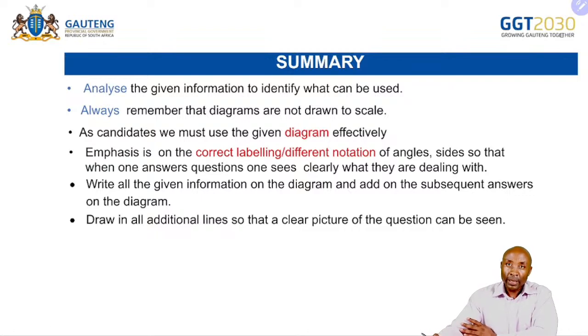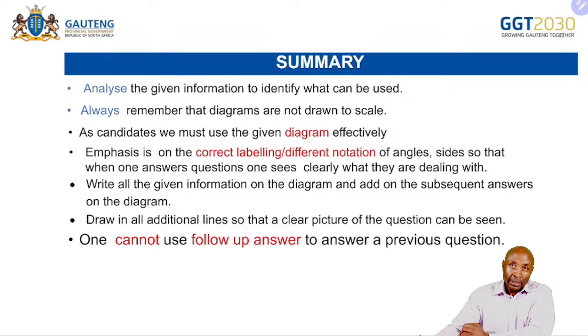And please remember, if in the question you have calculated theta, do not use theta to calculate the other angle that you are supposed to get, because it creates confusion, because it becomes difficult for us to know which theta you are referring to.